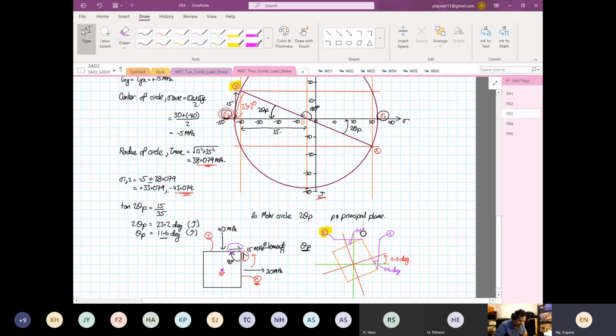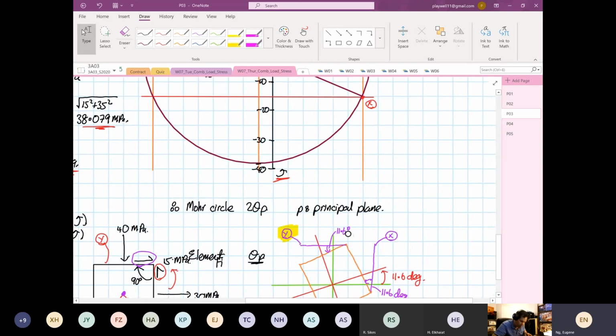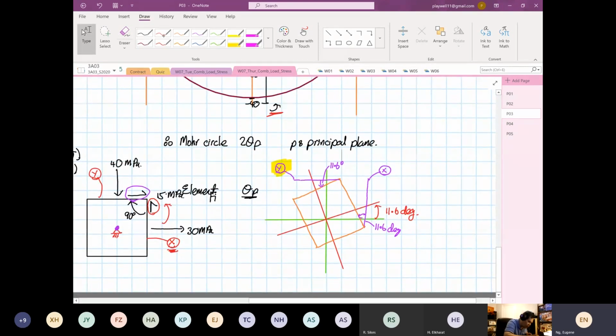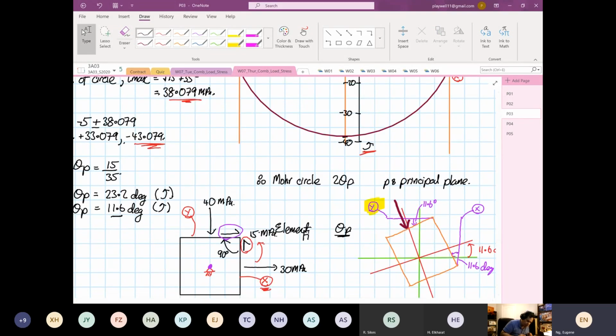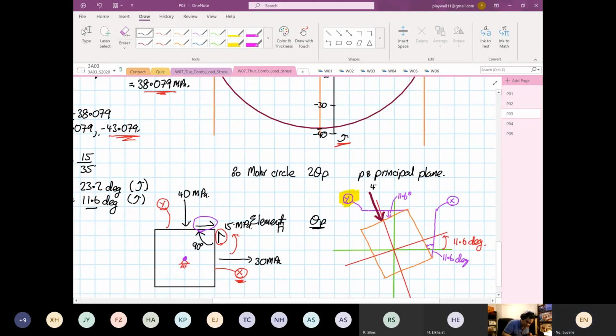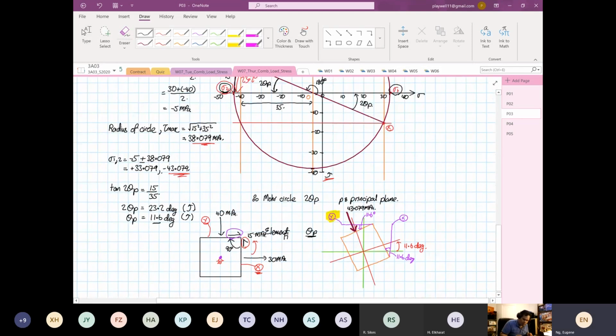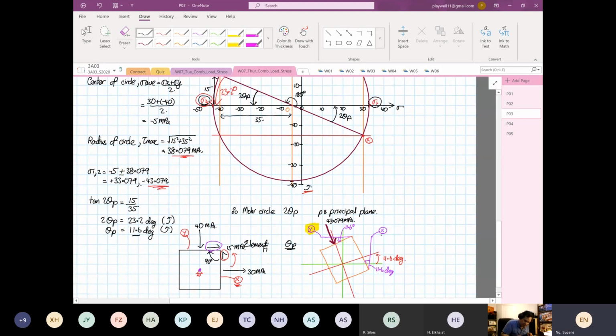So when I construct Mohr circle now on the element, we know that this over here will be compression and is going by 43.079 megapascal.